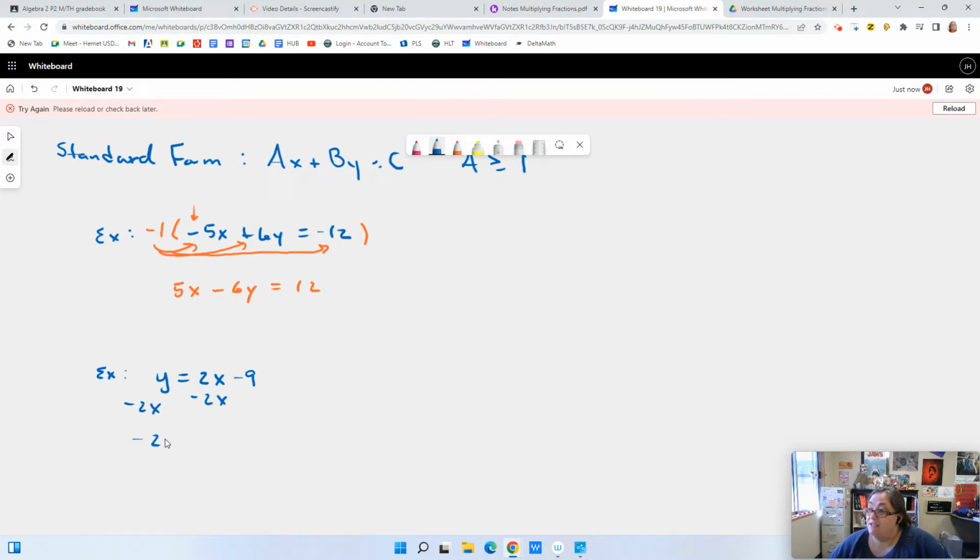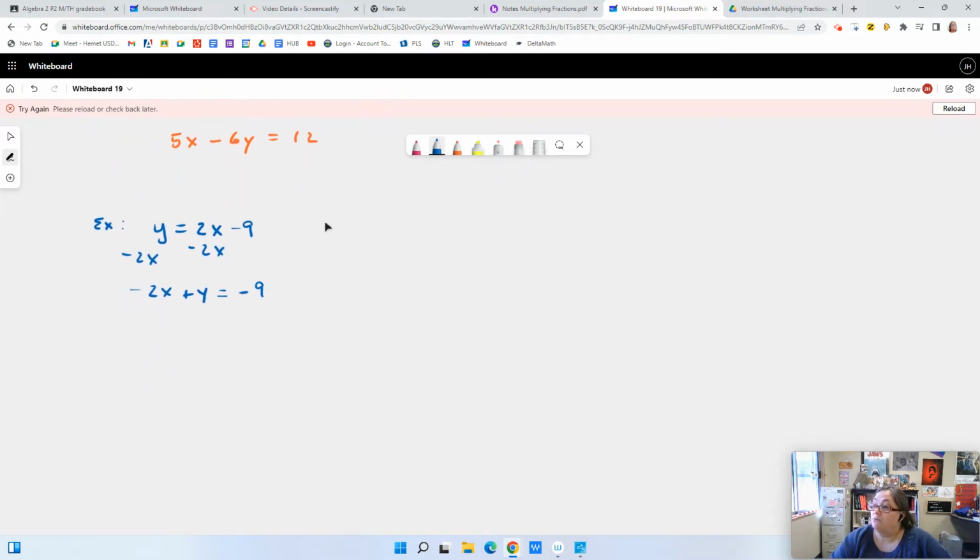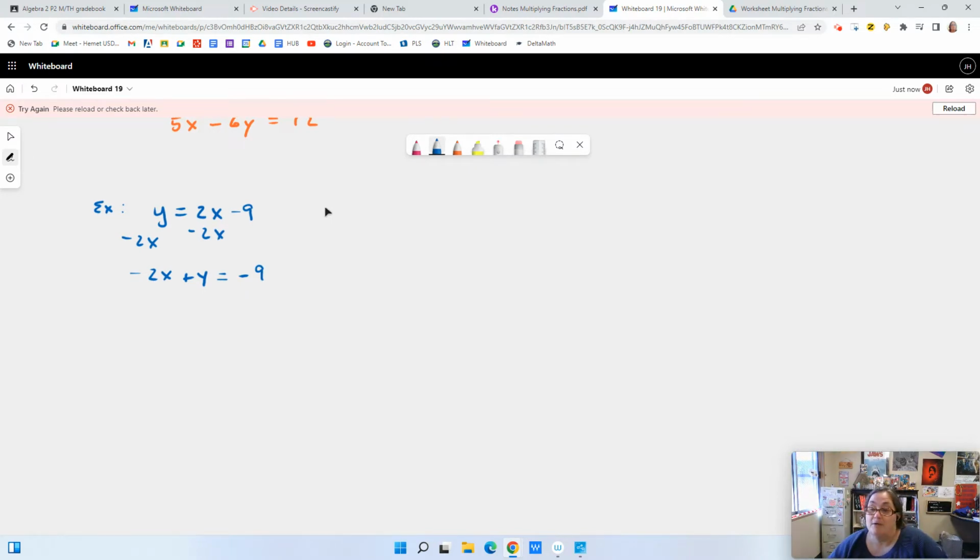And then I'd be left with minus 2x plus y equals negative 9. And the issue with this is, yes, we have it in that x plus y form, but we have that negative on the 2. So again, just like the last time, we would have to multiply the entire thing times a negative 1 to change the sign on that. Here we get 2x minus y equals positive 9. And then it's in that form.